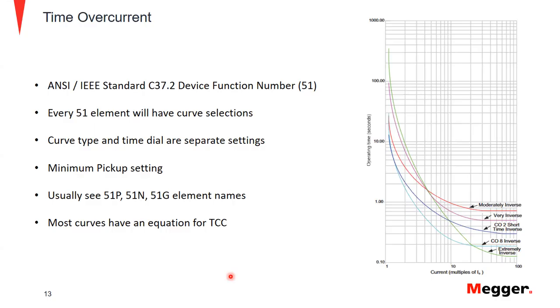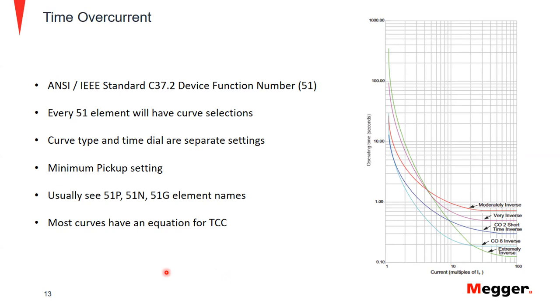We'll also talk about the different time dials and the minimum pickup setting. Usually we will see the 51 element associated with the phase, the neutral, or the ground elements.